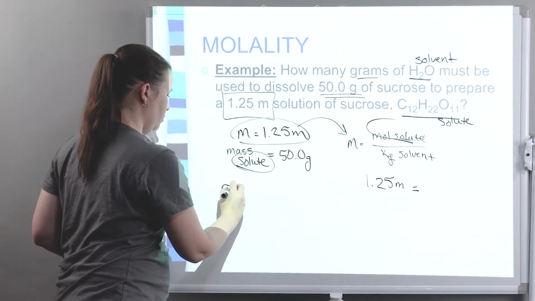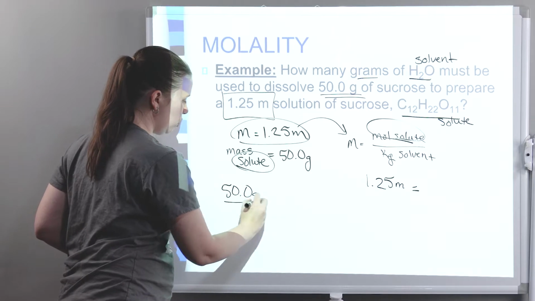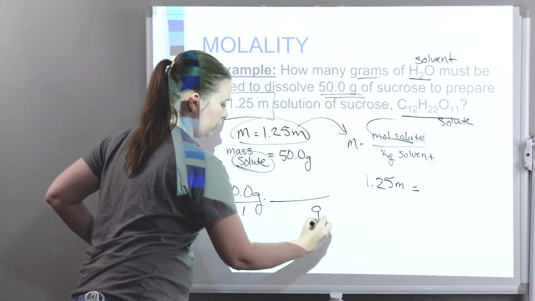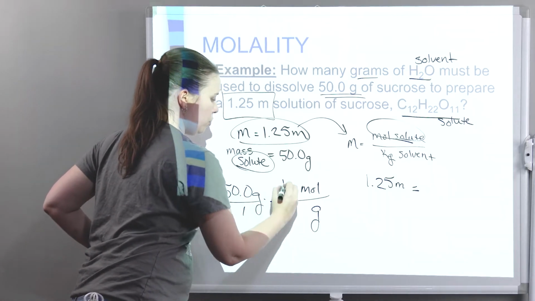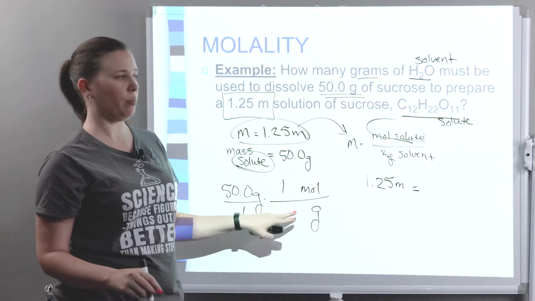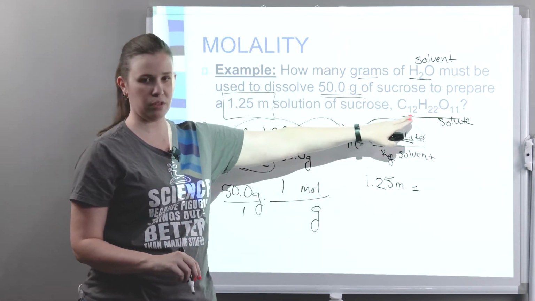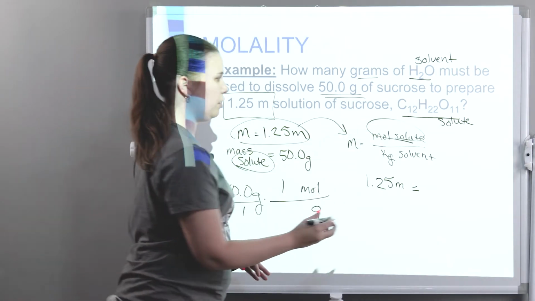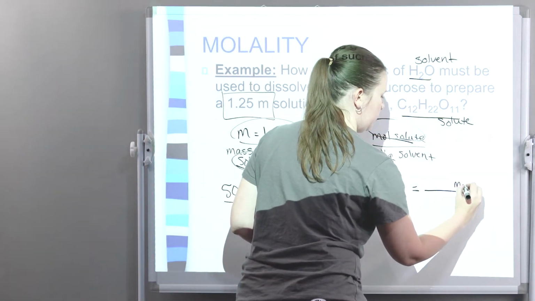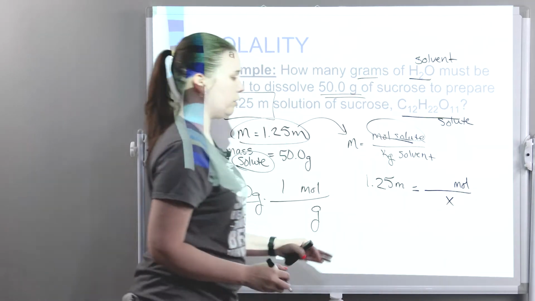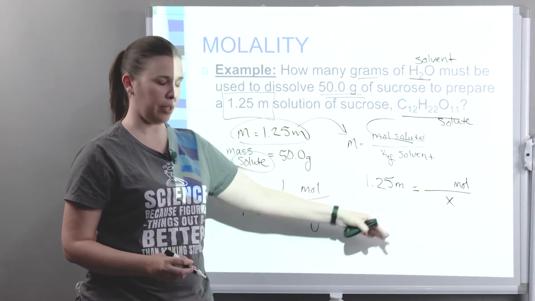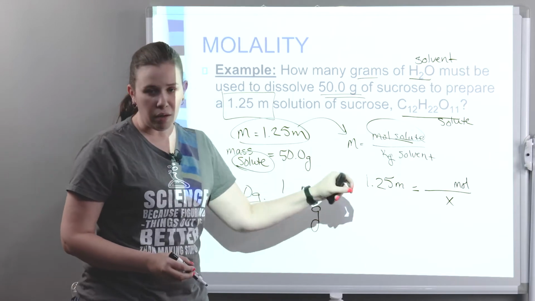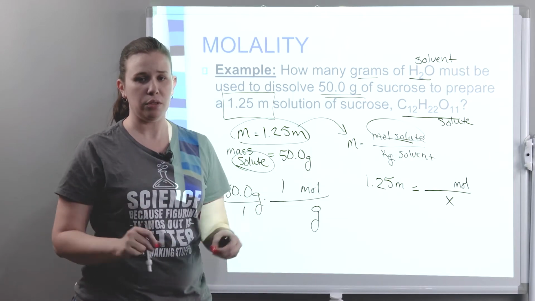So solute, I can see, needs to be converted to moles. So I'm going to start with my 50 grams and do a mole conversion. Gram on the bottom, mole on top, always 1 mole. And here we'll plug in the molar mass of this sucrose, or this bigger sugar molecule. That's going to give me the moles that I can then plug in on the top. And then what I wouldn't know is the kilograms on the bottom. It will automatically be in kilograms because we're using molality.